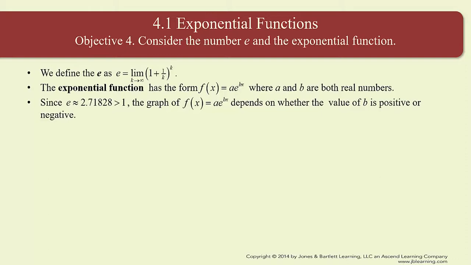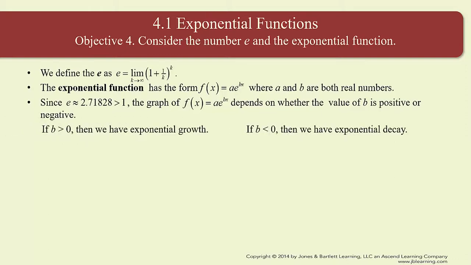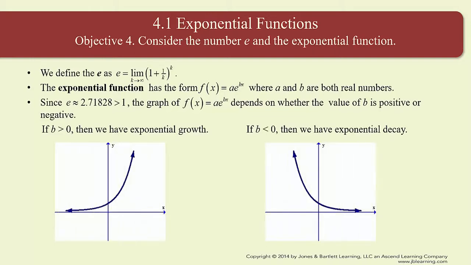So that means the graph of f of x equals a e to the bx is going to depend on whether the value of b is positive or negative. If b is greater than 0, we're going to have exponential growth. If b is less than 0, we're going to have exponential decay. So, again, the pictures.